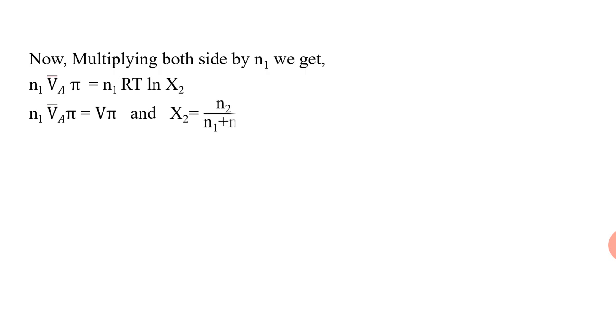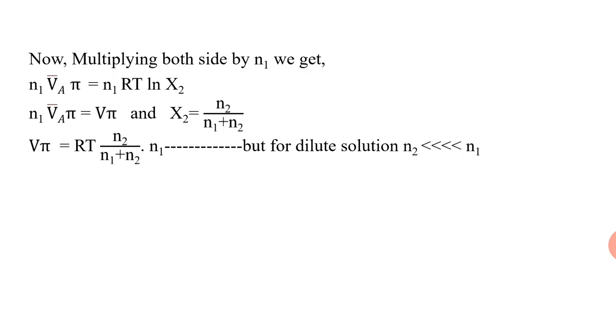Now, multiplying both sides of the equation by n1, we get n1 V bar A into pi is equal to n1 RT x2. n1 V bar A pi is equal to V pi and x2 is equal to n2 upon n1 plus n2. Putting this value in the above equation, we get V pi is equal to RT n2 upon n1 plus n2 into n1.